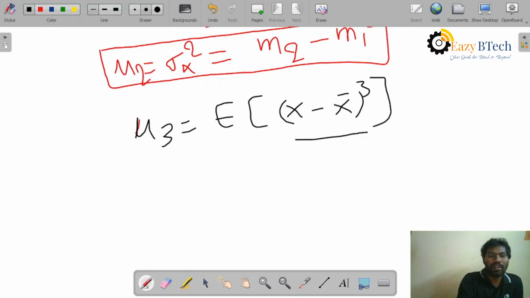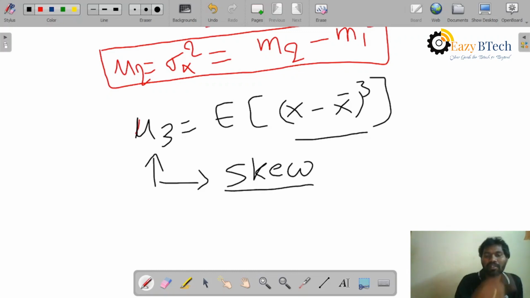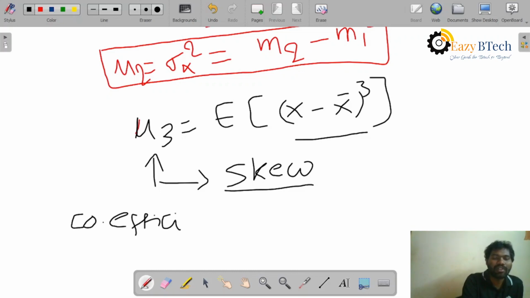One point: the third order central moment has another name. It is called skew. So mu3 is also called skew. Another one is the coefficient of skewness.